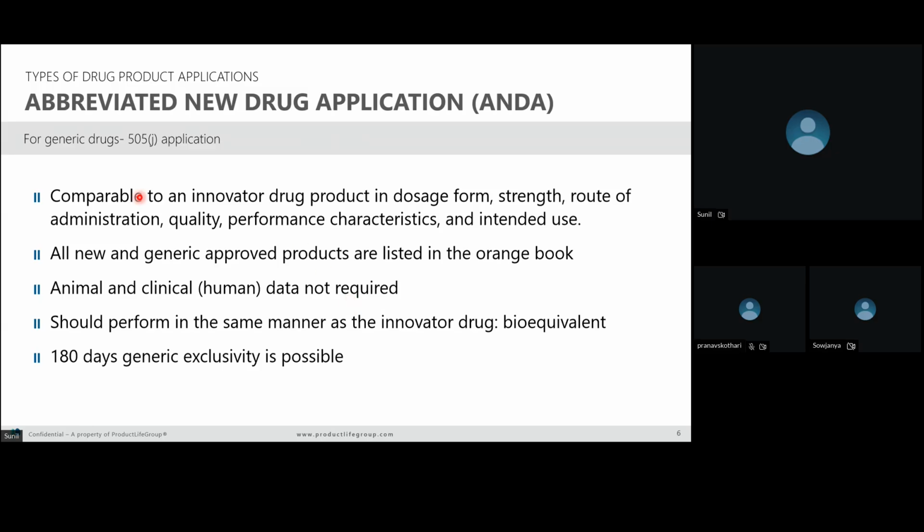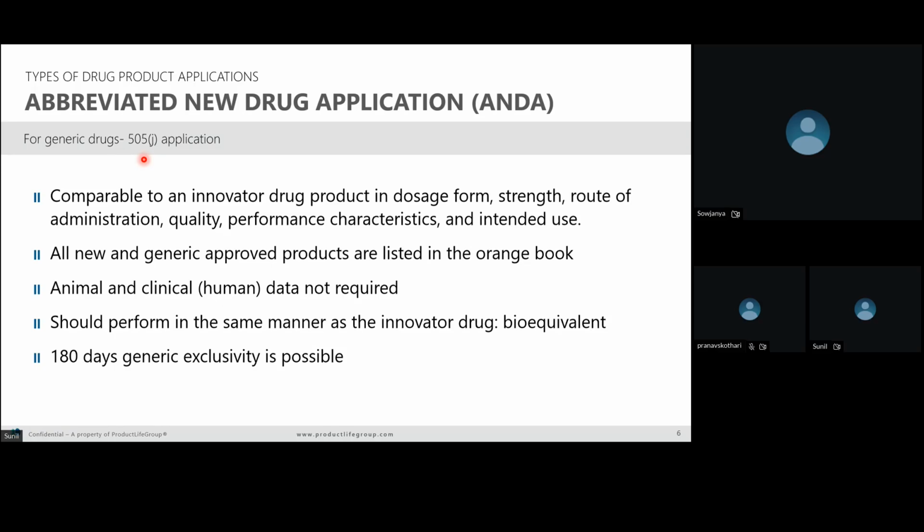Sir, one doubt: what is the significant difference between bioequivalent and therapeutically equivalent, like TE and BE? When it is bioequivalent, can we state it as therapeutically equivalent? Yeah, nice question.